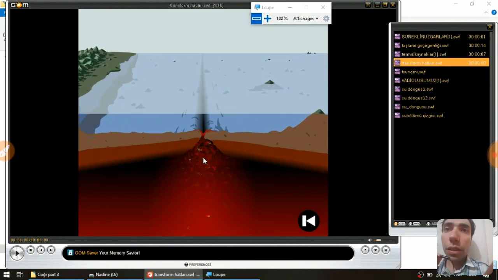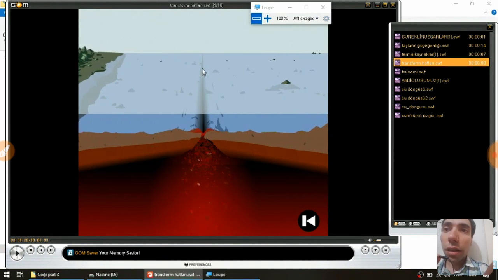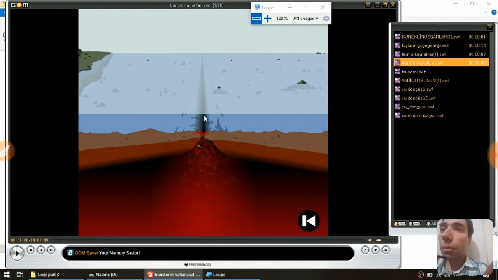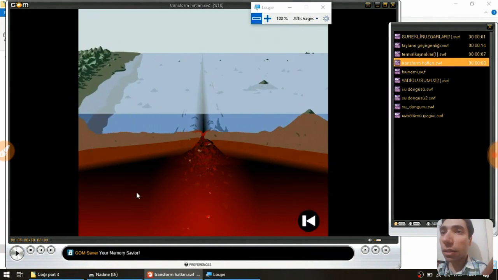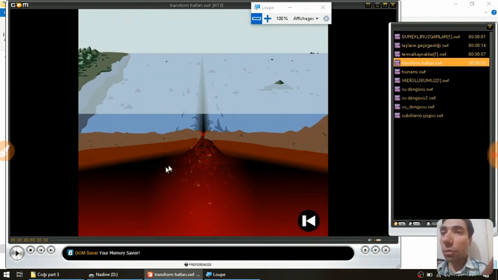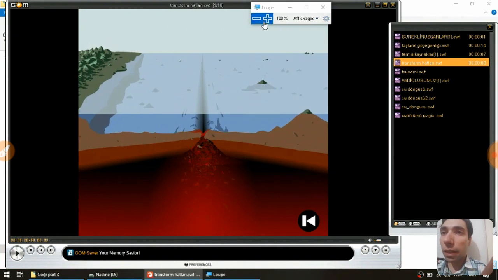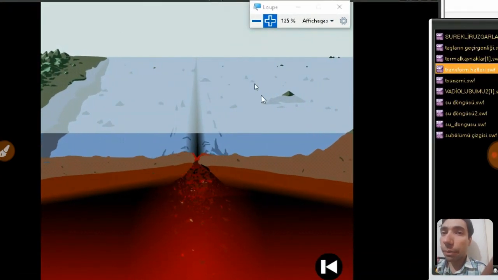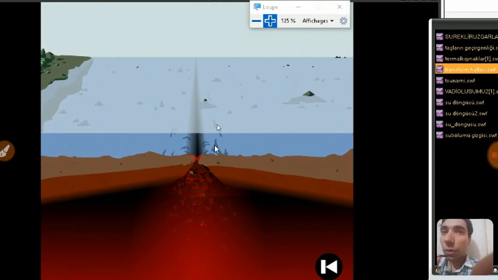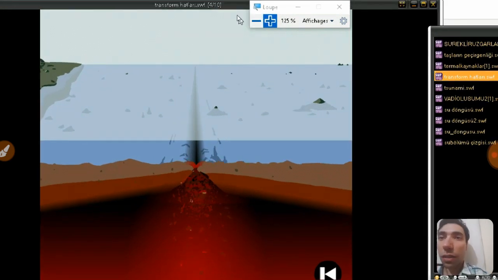So it's transforming, as you can see, magma opening new folding to landslides, and it makes new lands and new little and big hills and mountains appear. That's why Earth is always shaping itself.